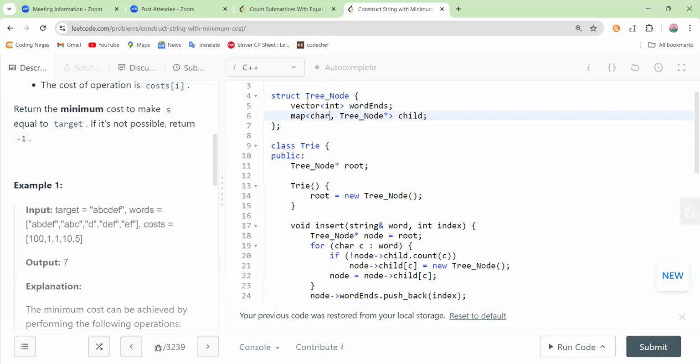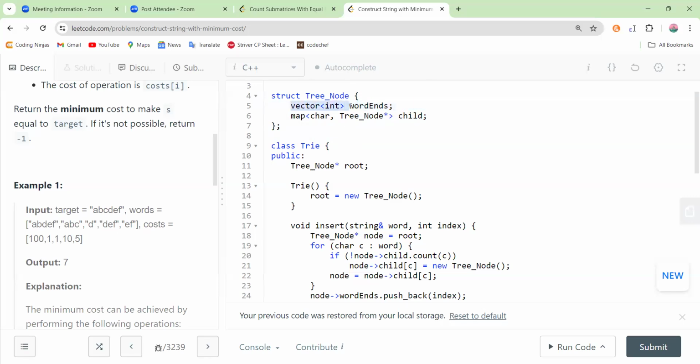Okay. So first of all, I constructed a basic structure of the node. For the node, we have two things. First of all, the indexes of the words that are ending at that particular node.